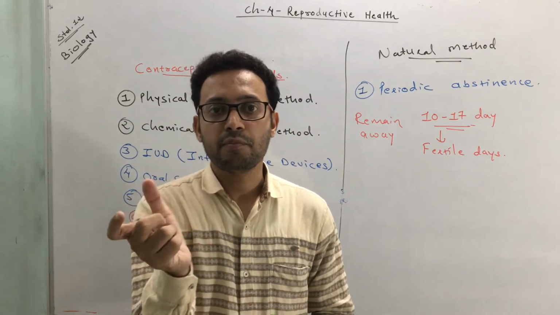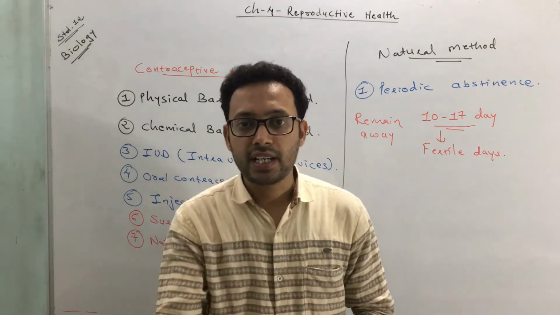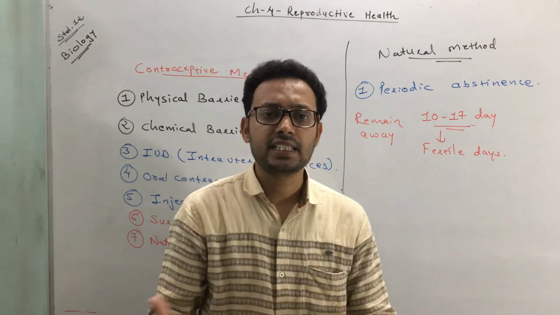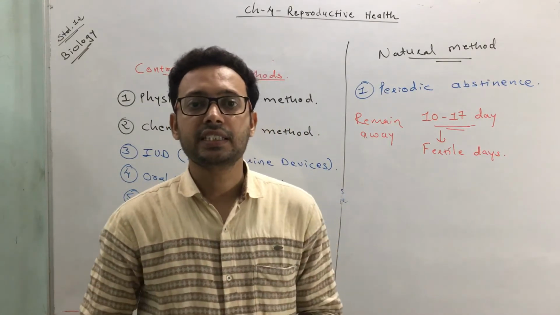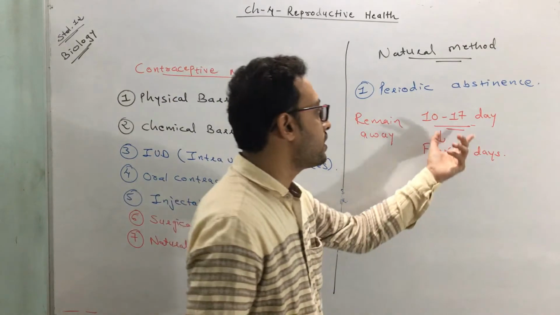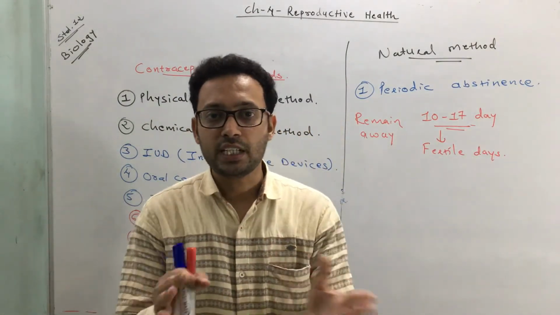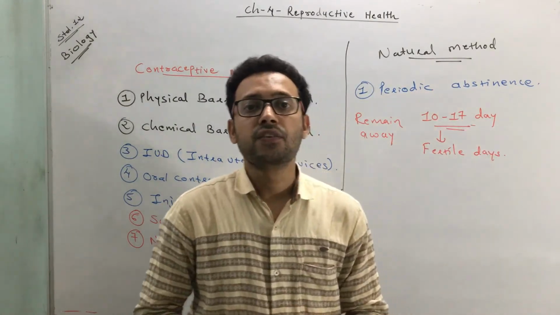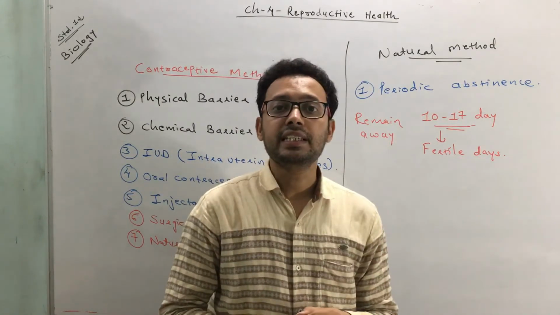But you know that the menstrual cycle may vary from 28 days, 29 days, and in some women it may be 26 days. It is considered normal. So plus or minus 2-3 days is considered normal. So we are also taking a range instead of just saying 1 day, because it may vary. We are taking 3 days on both sides of the 14th day, so now the range becomes 10 to 17 days.